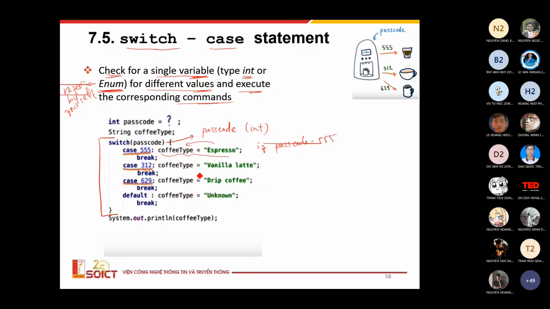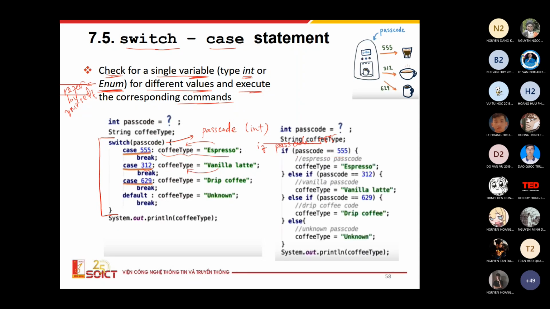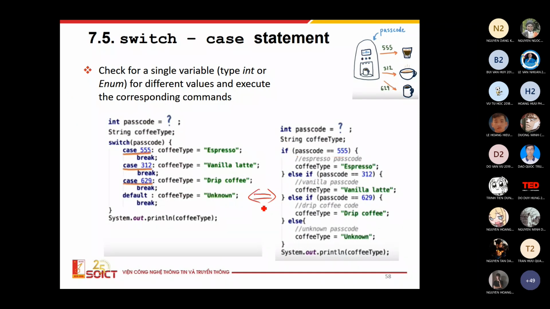If it's 312, you will assign vanilla latte for the coffee type, for example. So you always have the correspondence between the switch case and the if statement. The if statement can be longer, and the switch case will be shorter. Okay, when you use both of them, see how you compare this.